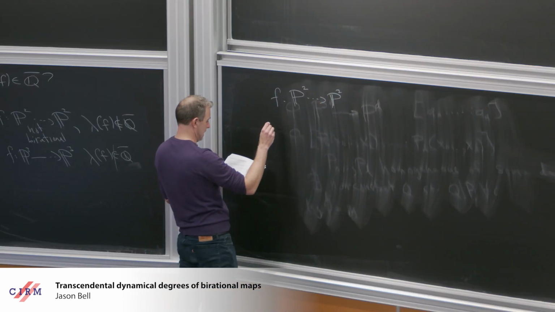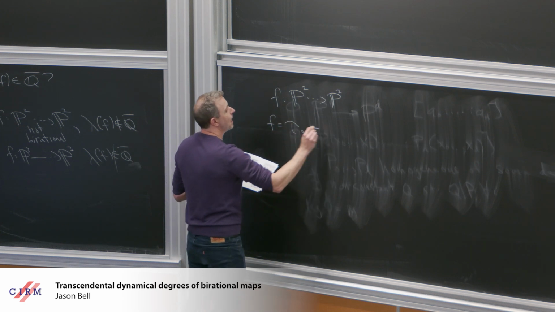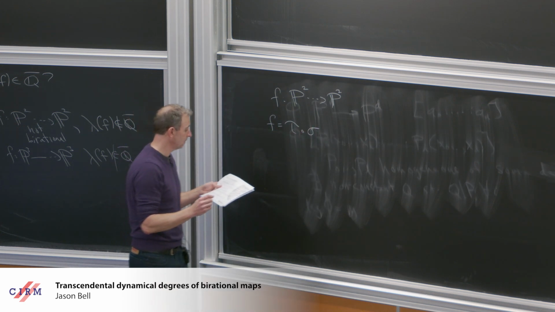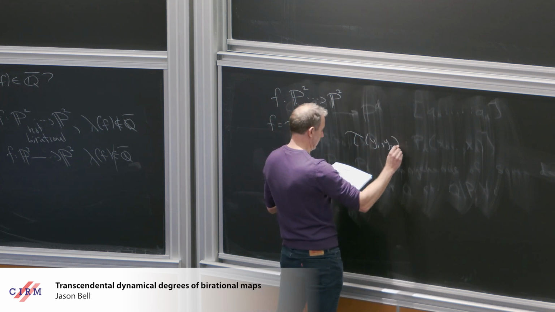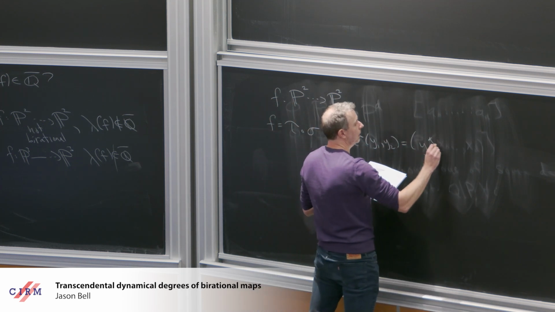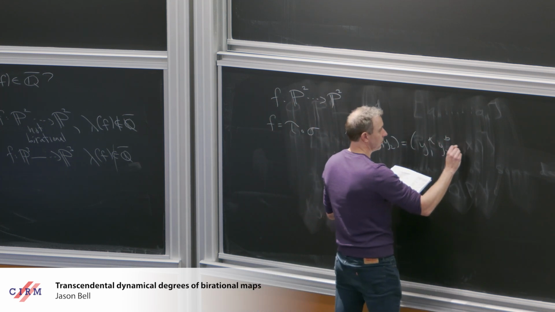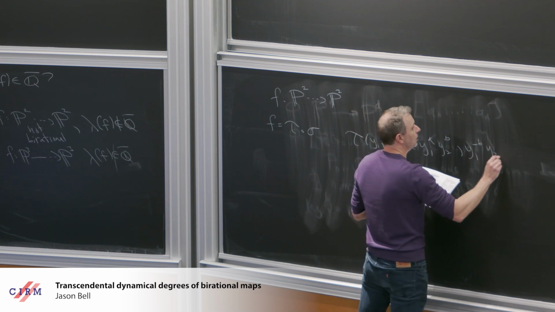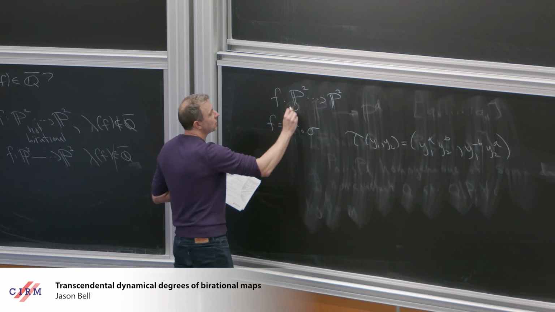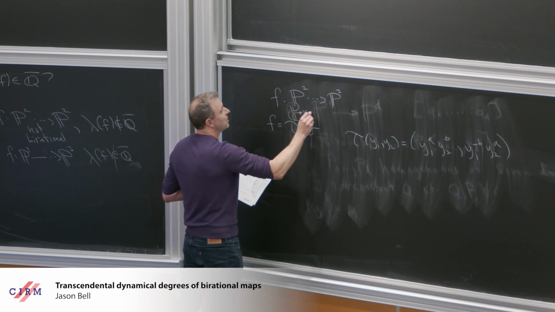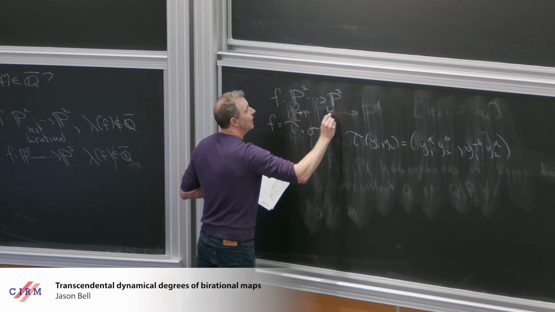I'm going to take a map of the form tau composed with sigma. So what I'm doing is fixing a copy of C star squared in here.